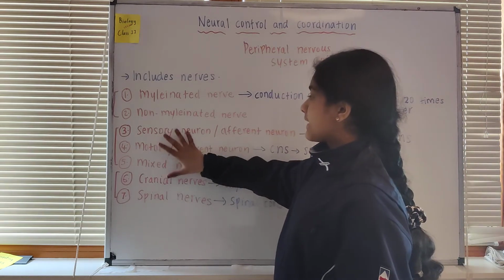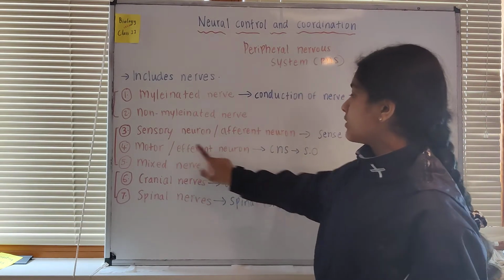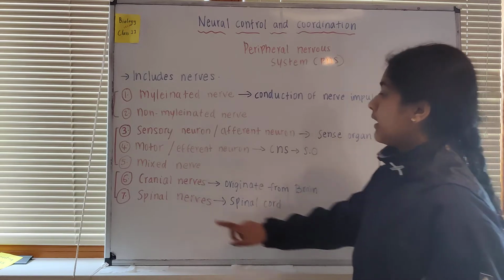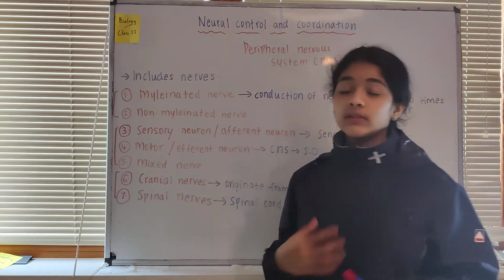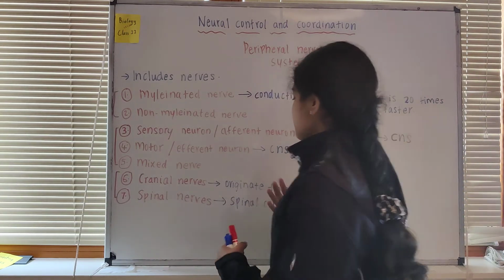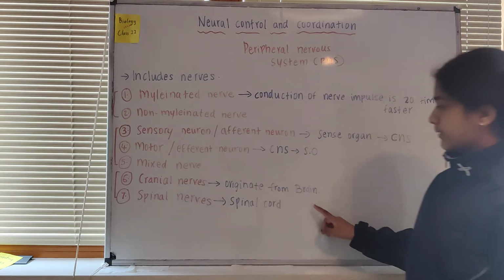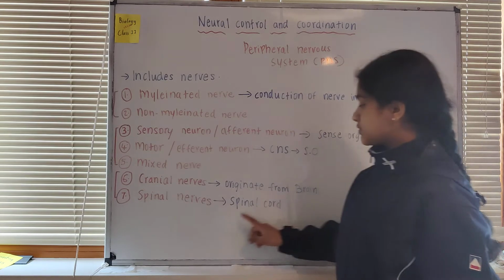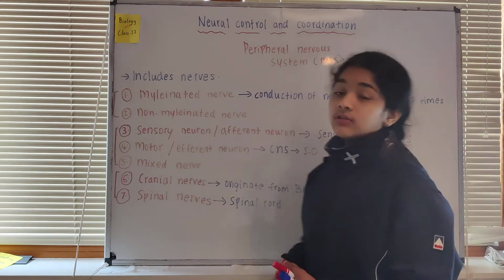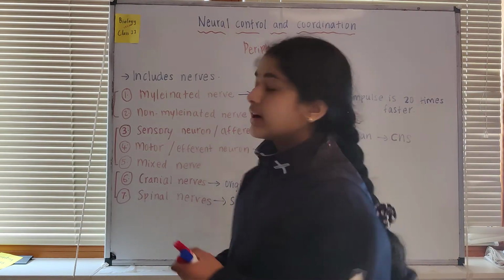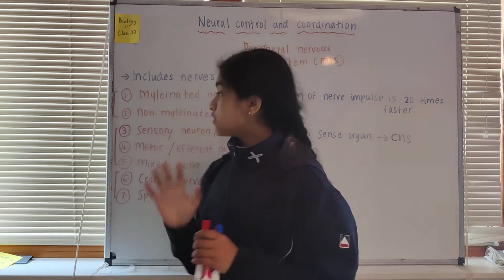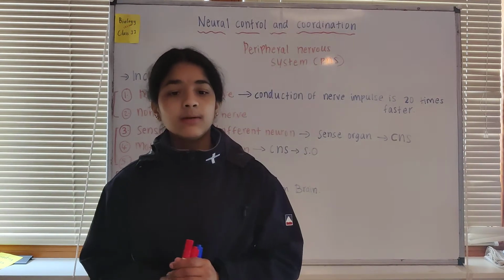In this category we have sensory neuron, motor neuron and mixed neuron. And the next one is on the basis of the origin of the nerves. We have cranial nerves which originate from the brain, and spinal nerves which originate from the spinal cord. So this is the classification of the types of nerves that can be present.